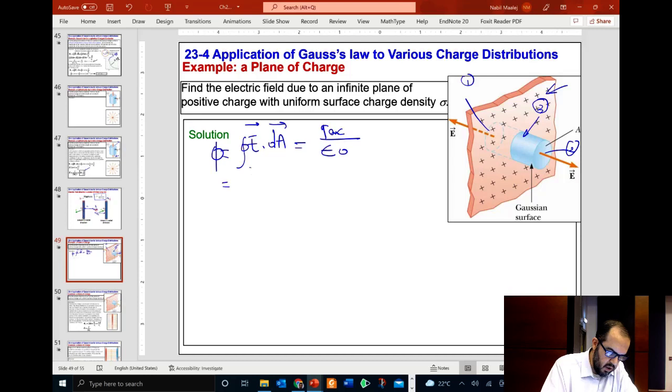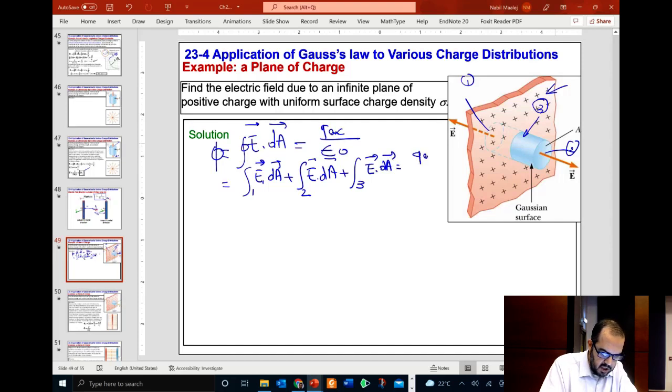So this is equal to the integral over area 1 of E dotted with dA, plus the integral over area 2 of E dotted with dA, plus the integral over area 3 of E dotted with dA. This is equal to the charge enclosed divided by epsilon 0.